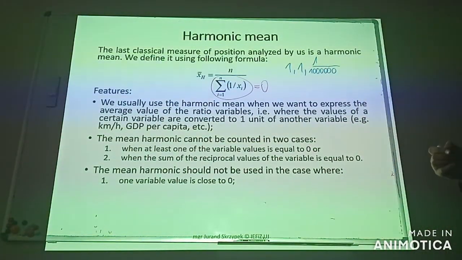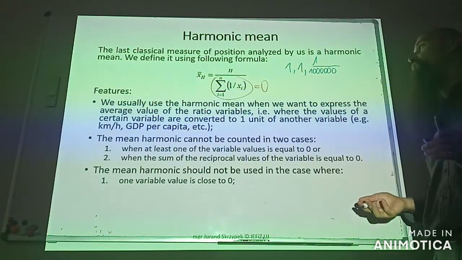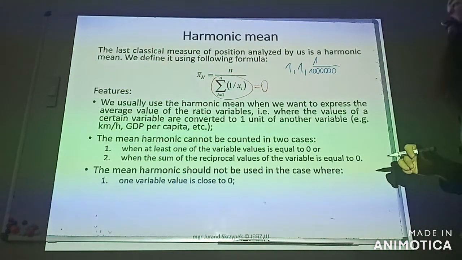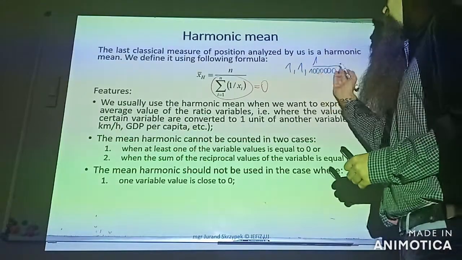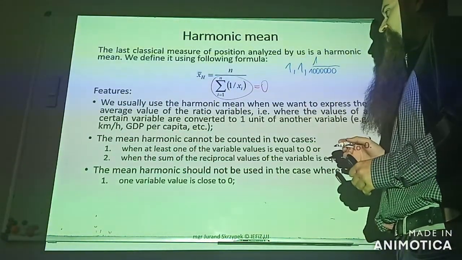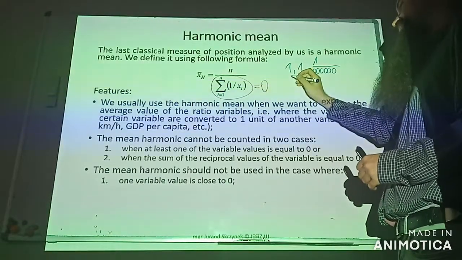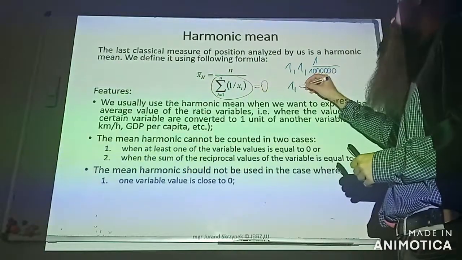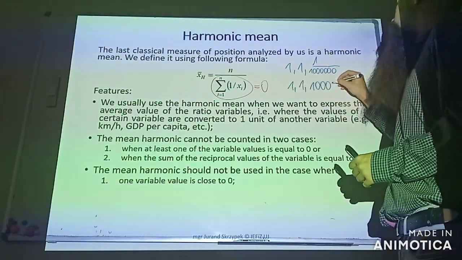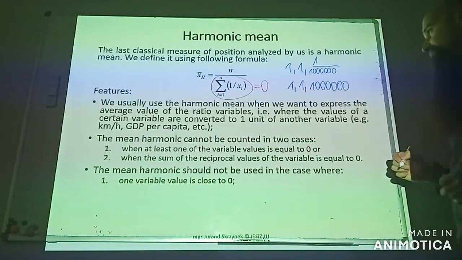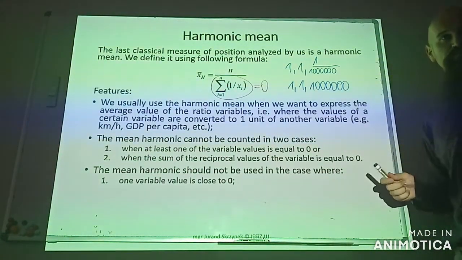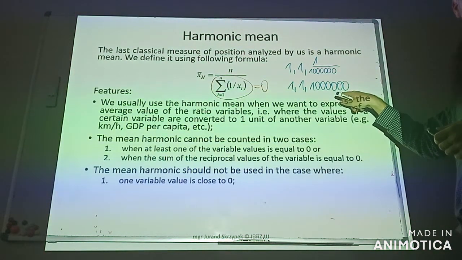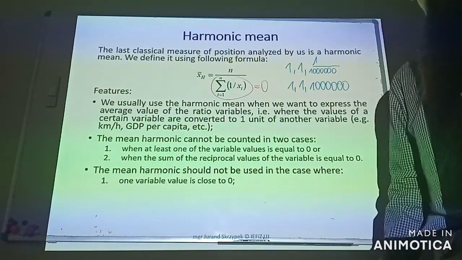So the arithmetic mean will be somewhere between 1 millionth and 1. But the harmonic mean will be much higher, because the reciprocal values are the following: 1, 1, and here we have 1 million. So the closer to 0 we are, the higher the reciprocal value we have.